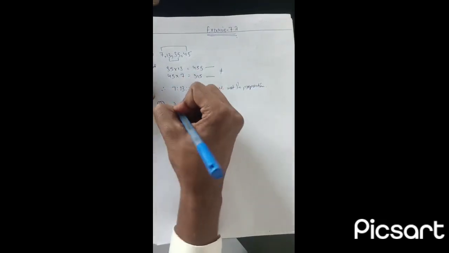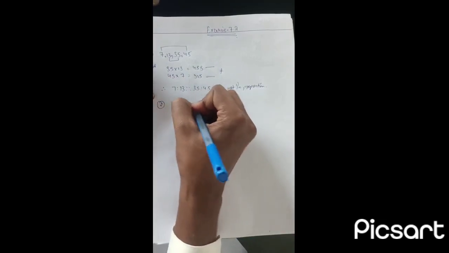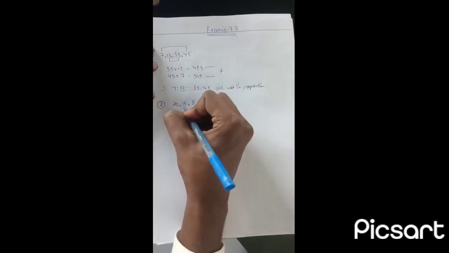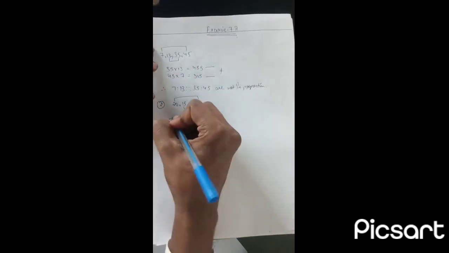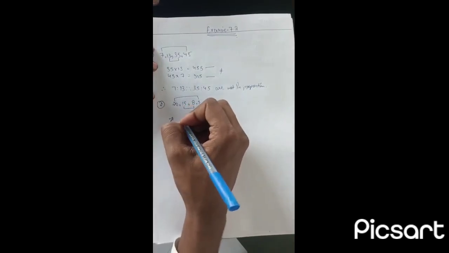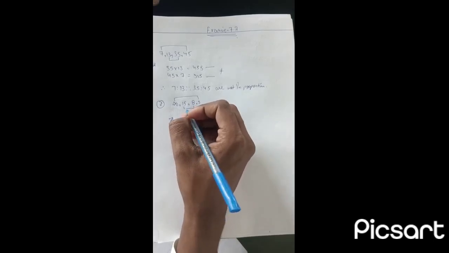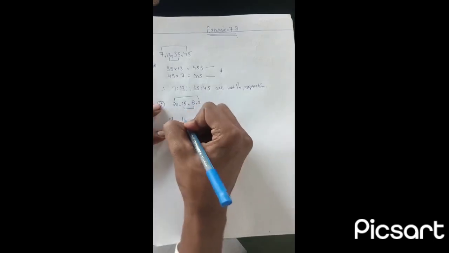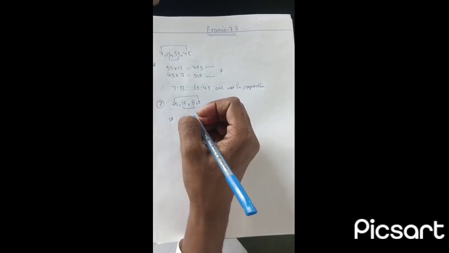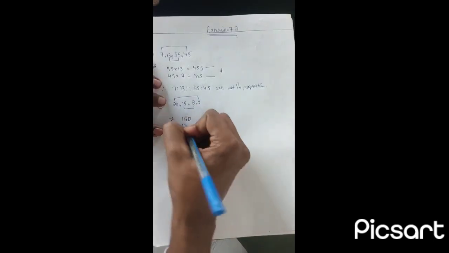Question number 1, second part, that is 20 comma 15 comma 8 comma 9. Again the mean and extreme, that is 20 into 9 that is 180 and 15 into 8 that is 120.